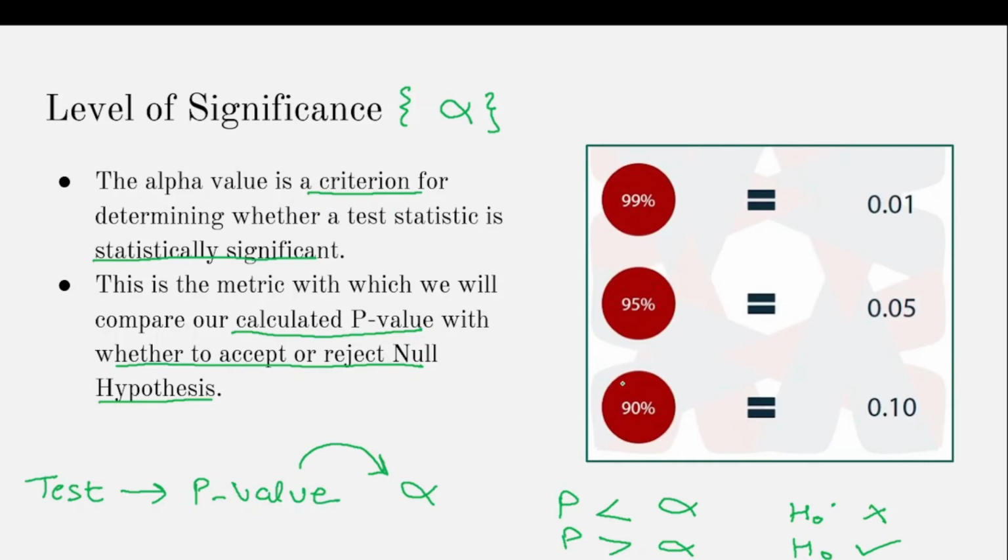Therefore, level of significance is a metric with which we will compare our calculated p-value and decide whether we are accepting or rejecting the null hypothesis. The standard levels of significance that we use are 0.01, which indicates a 99% level of significance. The alpha value can also be 0.05, which indicates 95% significance, and 0.10, which indicates a 90% level of significance.